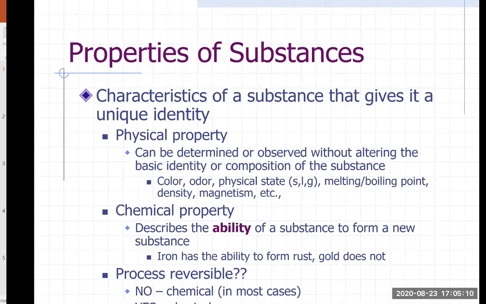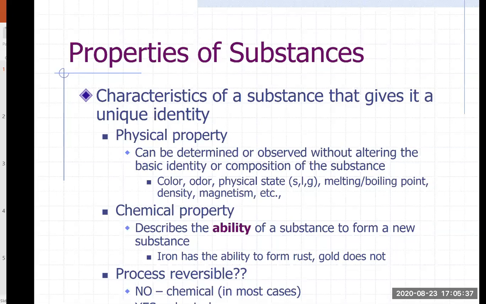And so we're not saying that we've had a chemical change where we've already formed a new substance, but what we're looking at is the ability of a substance to do that. For example, iron has the ability to form rust when it oxidizes, but gold doesn't form rust. That means that that chemical property is specific to iron, and we can identify iron based on that chemical property.